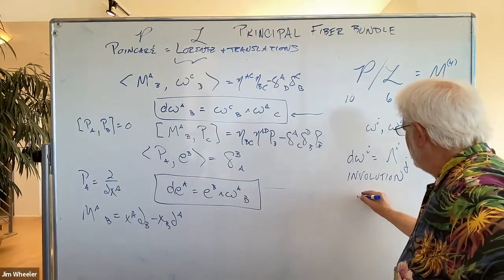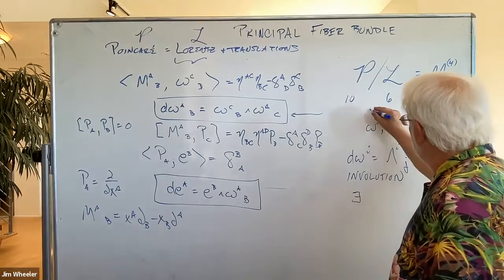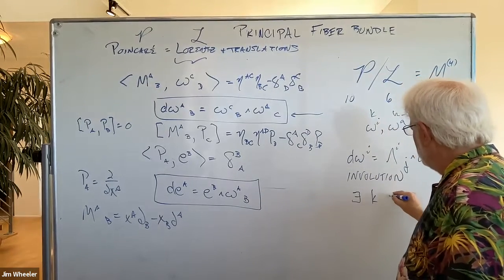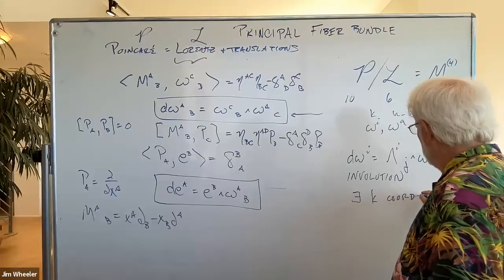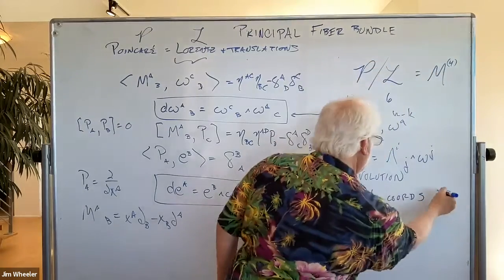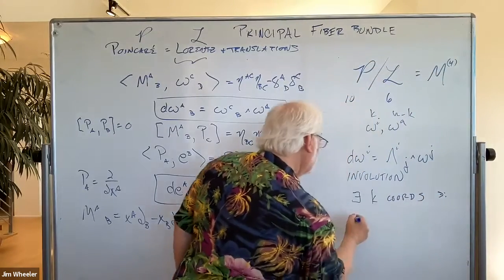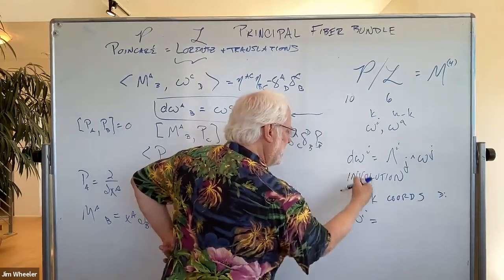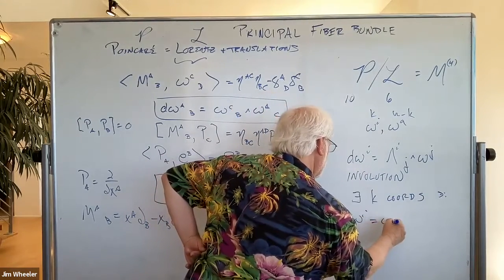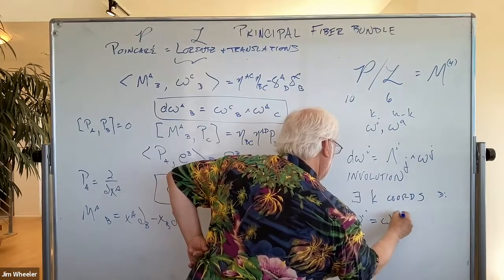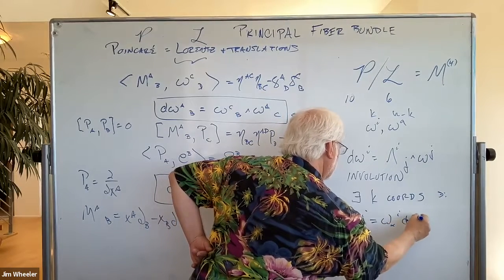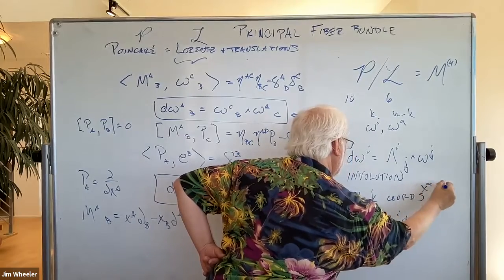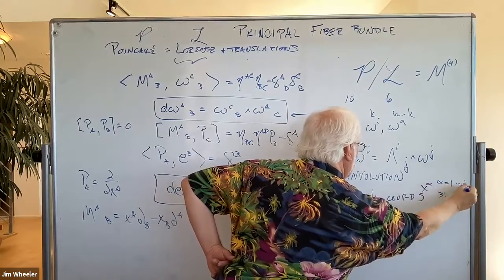So that means if we have k of these and n minus k of those, there exist k coordinates such that these k forms I can write as omega I equals omega I alpha dx alpha, alpha equals 1 to k.